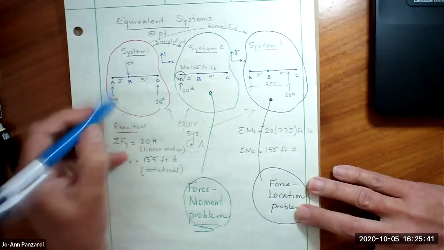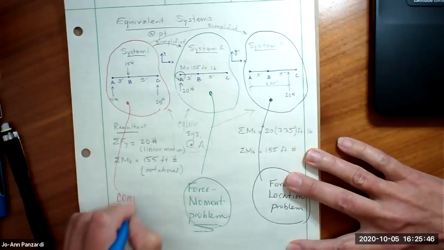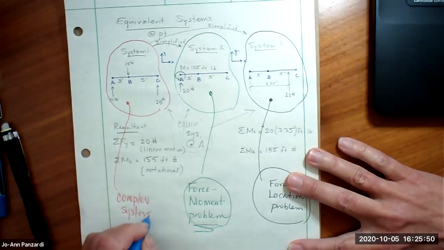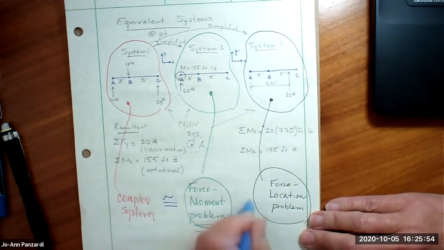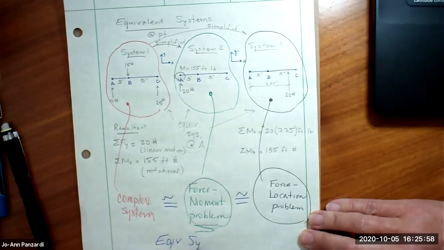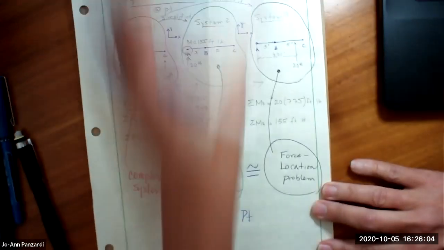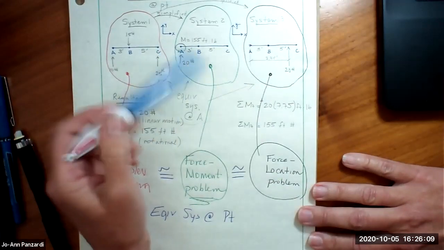So I'll draw down from this red one. This is a complex system. But these are all equal. These are all equivalent systems at point A. And I have to say at point A, because if I was looking at a different point, these would not be equivalent.